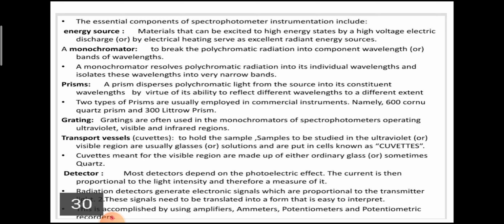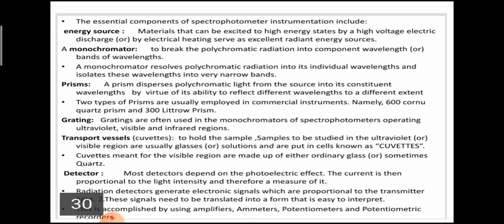Radiation detectors generate electronic signals which are proportional to the transmitted light. These signals need to be translated into a form that is easy to interpret. This is accomplished by using amplifiers, ammeters, potentiometers and potentiometric recorders.